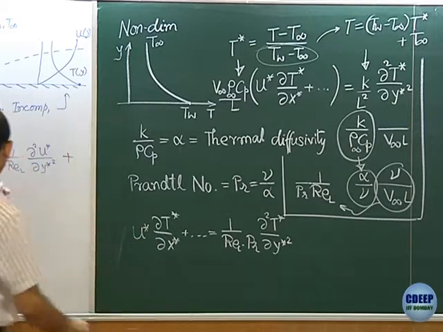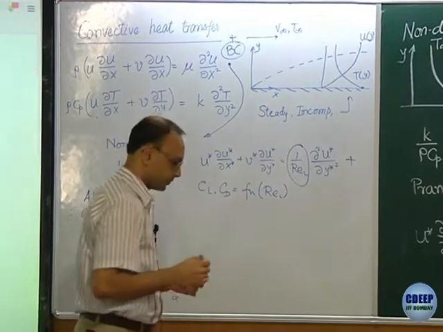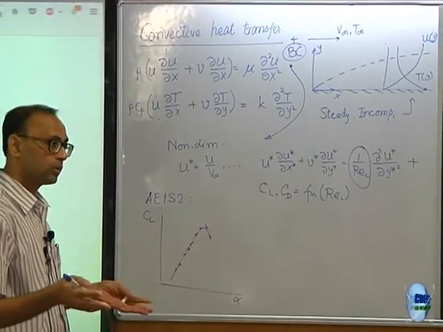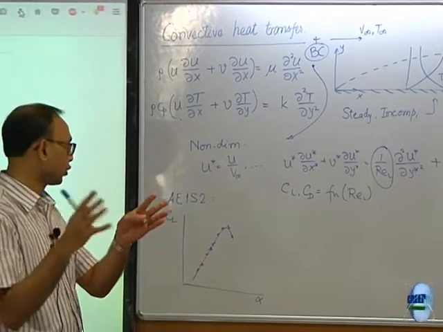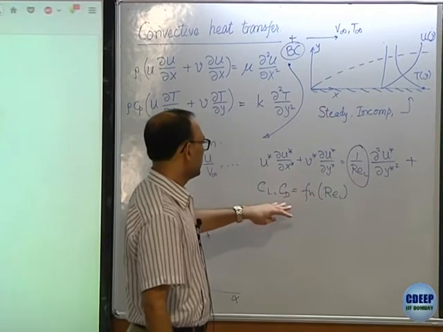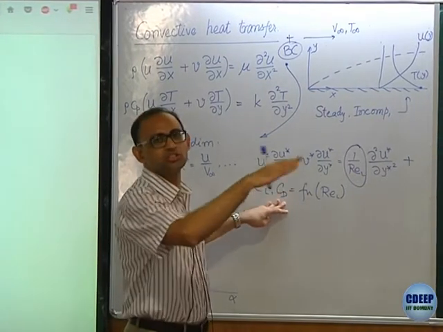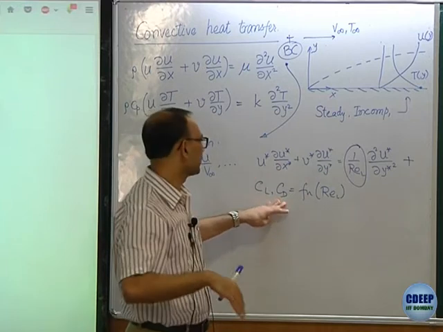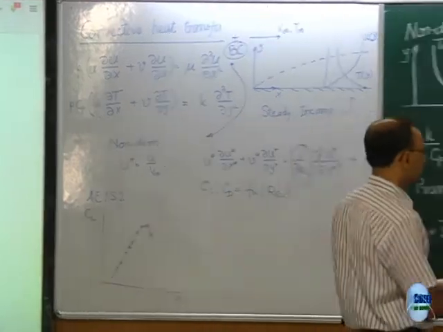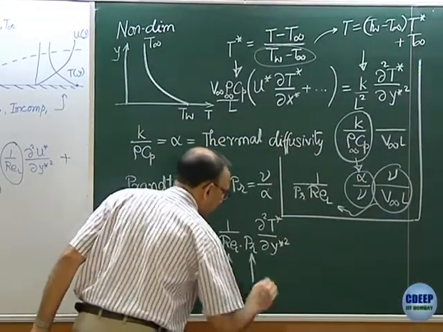And just the way we had argued that once we have the non-dimensional equation, the solution will depend on those non-dimensional groups, like Reynolds number, and any quantity we compute, whether it's friction at the wall, shear stress or the drag, they depend only on this in the non-dimensional form. So, for heat transfer as well, the two numbers that matter are these two.